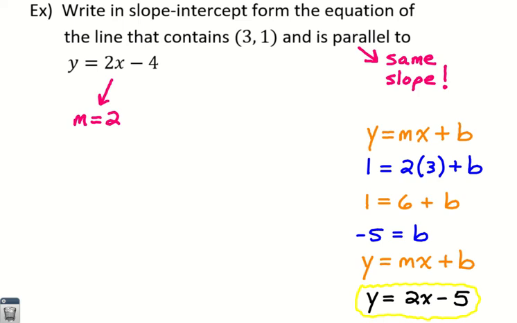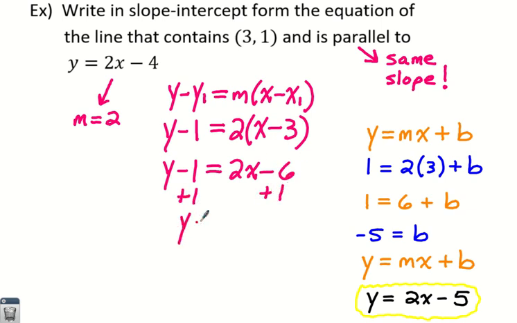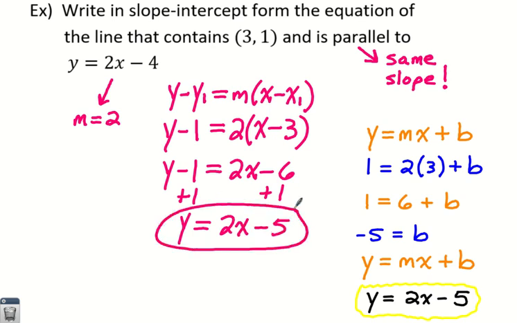Or your other option was to plug in to the point-slope formula, where you're going to plug in the 1 for y1, m was 2, of course, and we're going to plug the 3 into there, distribute the 2, add the 1, negative 6 plus 1 is negative 5.